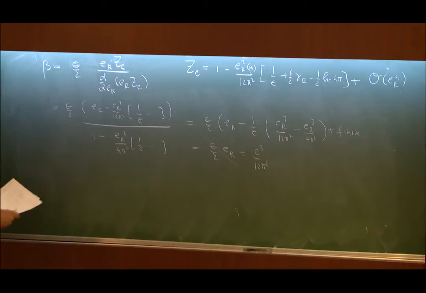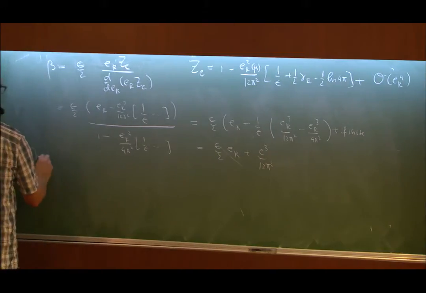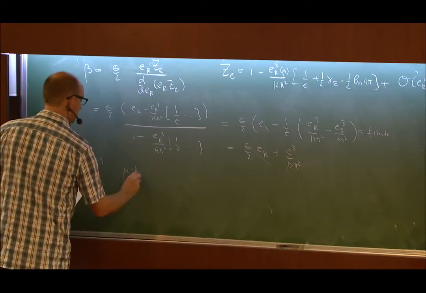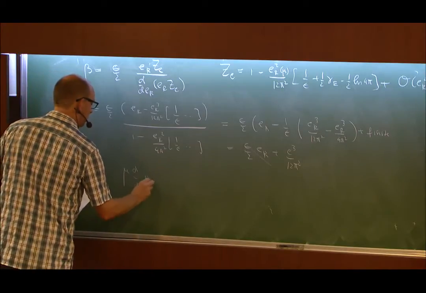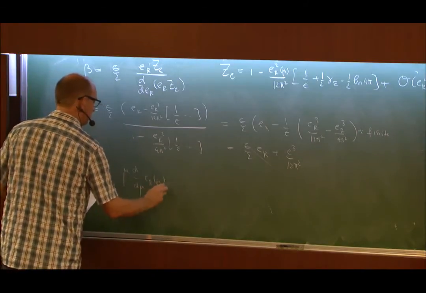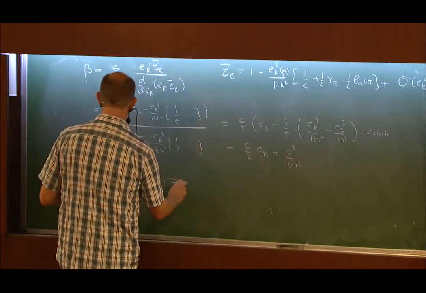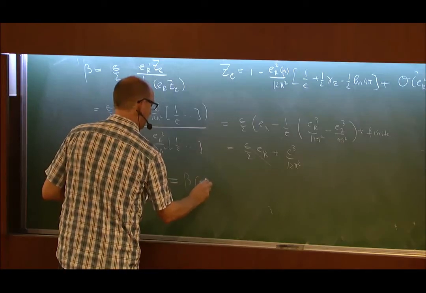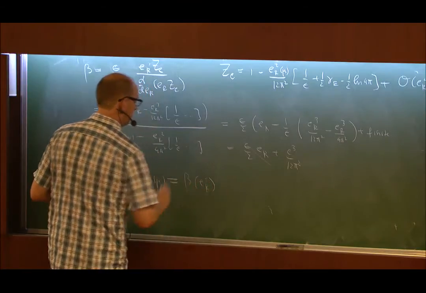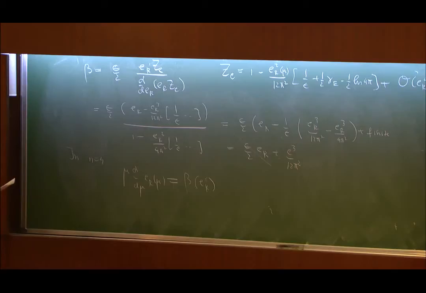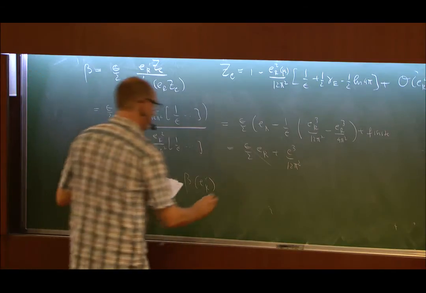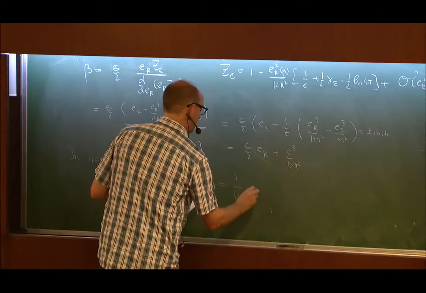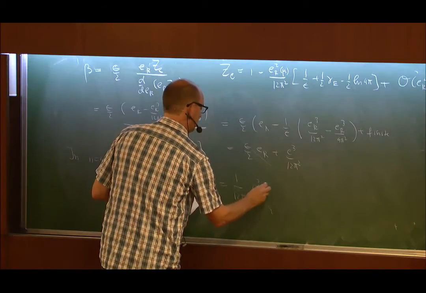And then we have, so in d is 4, in n is 4, mu d/d mu of e_R of mu is, by definition, the beta function of the running of the renormalized coupling of QED, and that is 1 over 12 pi squared e_R cubed of mu.